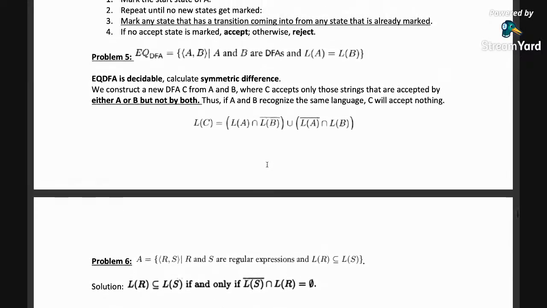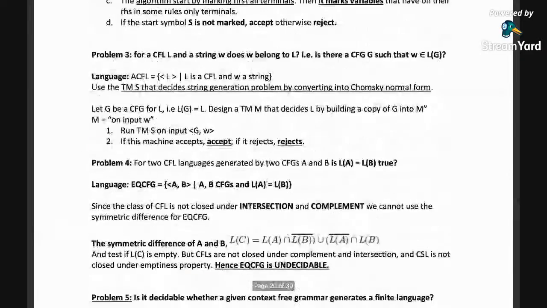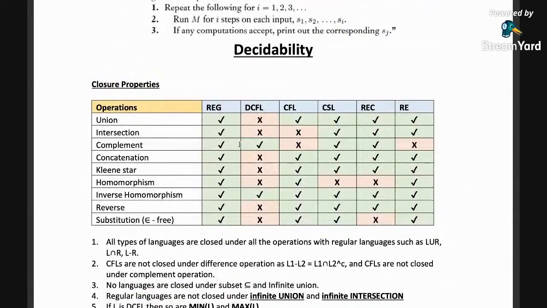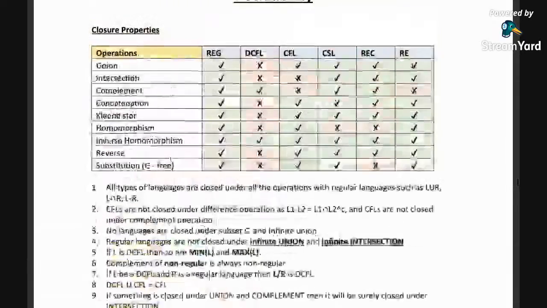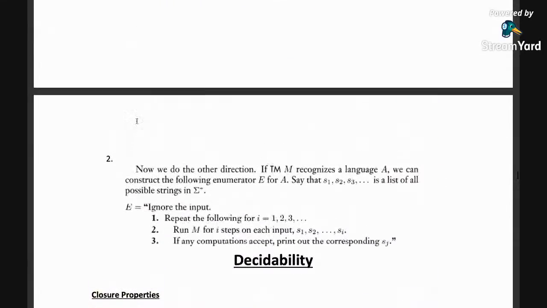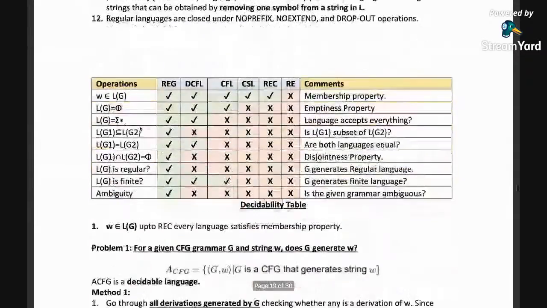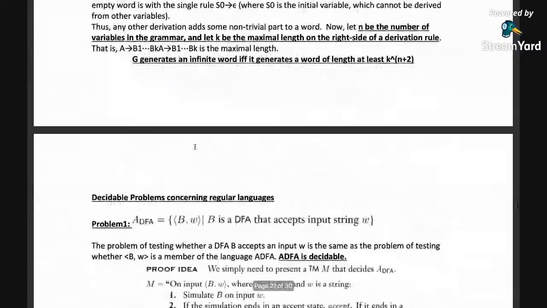So it is decidable. The language of A equals the language of B is decidable for regular languages.